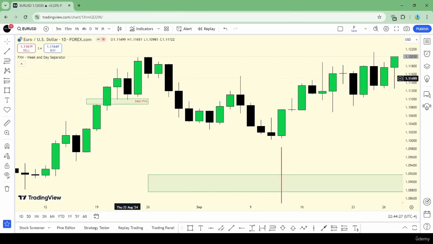First, let me say that you won't know that the next day the market will come for this daily fair value gap, but what will help you to know is the break in structure. So the break in structure in a lower time frame, for example, we'll look at the 15 minutes. That is what will help you to know that the market now is drawing towards the daily fair value gap.